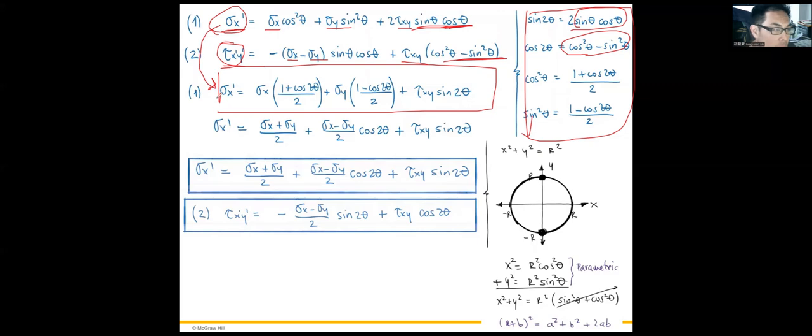So we can just rearrange this again. This term equals cosine squared theta, and this term equals sine squared theta. So we can get these relations here.